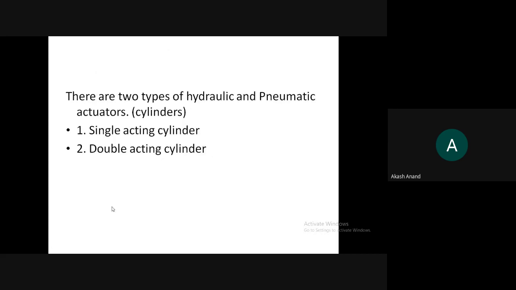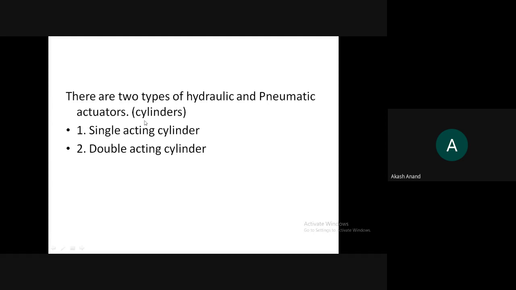There are two types of hydraulic and pneumatic actuators: a single acting type and a double acting type. I am discussing linear actuators, that is, cylinders. The linear output motion from the actuator is used for this classification. You have to remember there are two types of linear actuators, the single acting cylinder and the double acting cylinder.